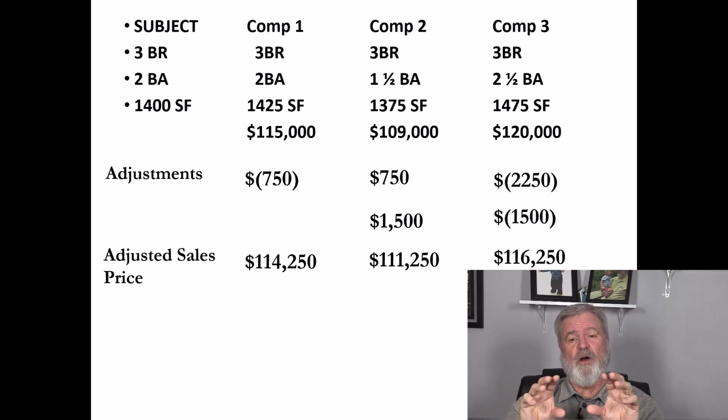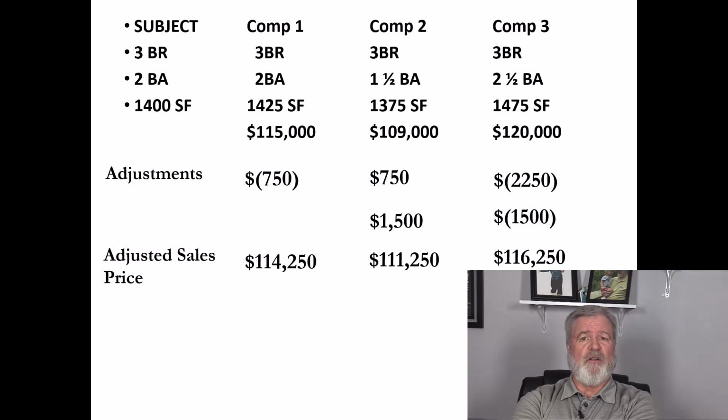So again, on this slide, the little bit of stuff we're looking at here, that's why it doesn't look like that big a deal between the sales price and the adjusted price. But I'm just telling you, in the real world, you could have $20,000, $30,000, $40,000, $50,000 difference between the actual sales price versus what you need to be considering as the adjusted sales price.